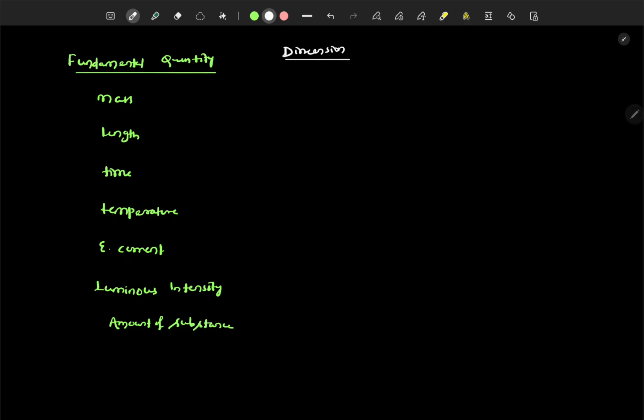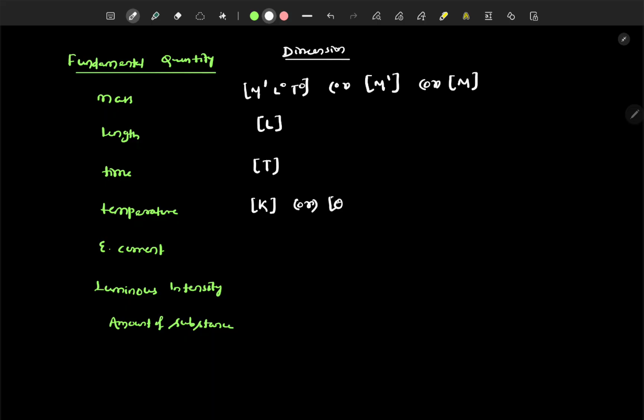Remember, the dimension of mass is M1, L0, T0, or simply you may write M power 1, or simply M dimension. Like this, the length dimension can be represented by L. Time dimension is T. Then for temperature, you may represent K dimension or theta dimension.